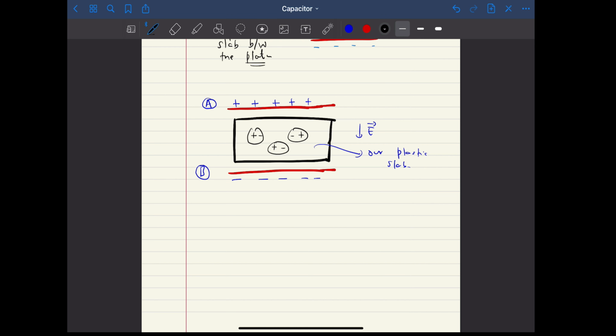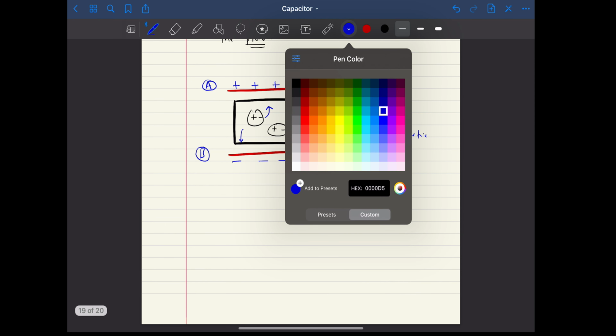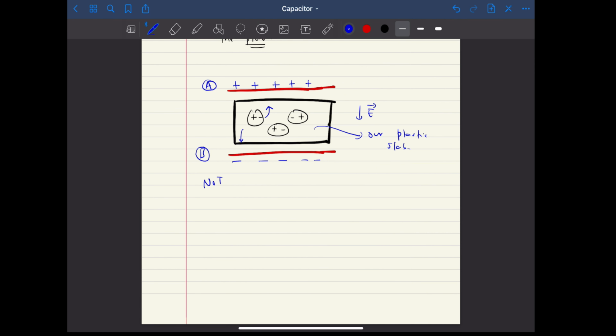So what's going to happen is, as the electric field is set up, the positive charges are going to move in the downward direction and the negative charges are going to move in the upward direction. The electric field will be pulling up the negative charges and pulling down the positive charges. An important point to note is that nothing is moving very far.